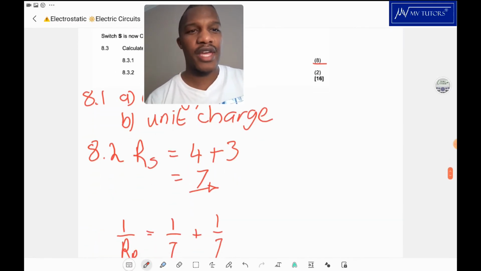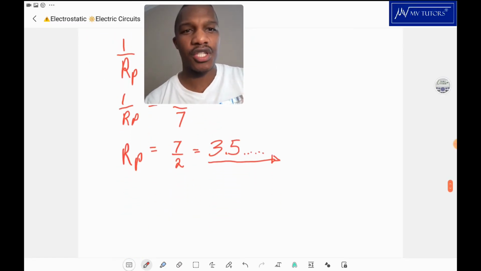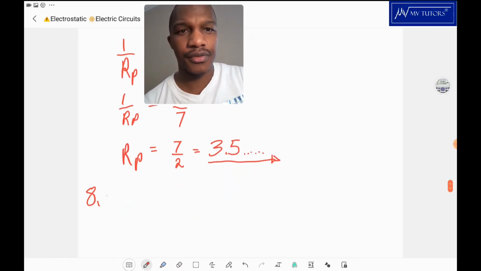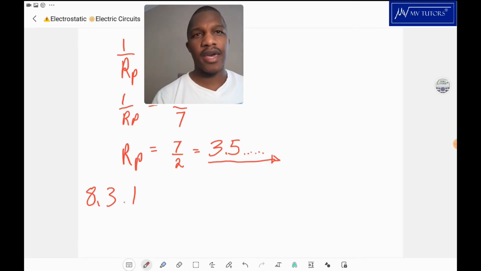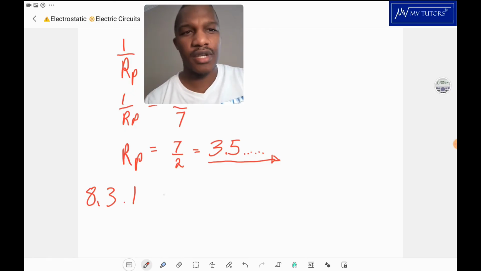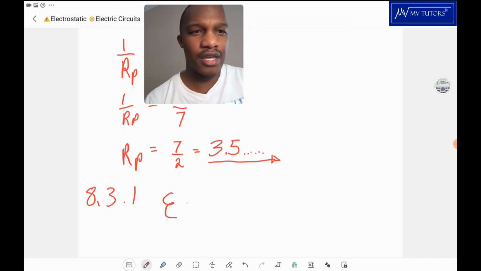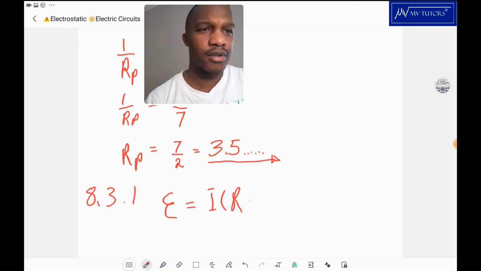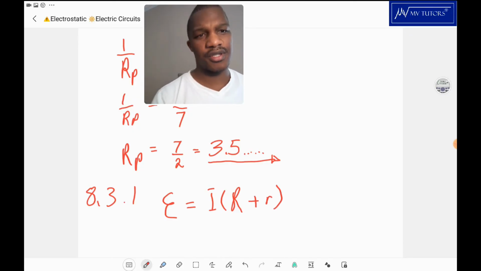If you check your formula sheet and then the EMF formula, you're going to get something like this: the EMF is equal to the current, open brackets, external resistance plus the internal resistance.